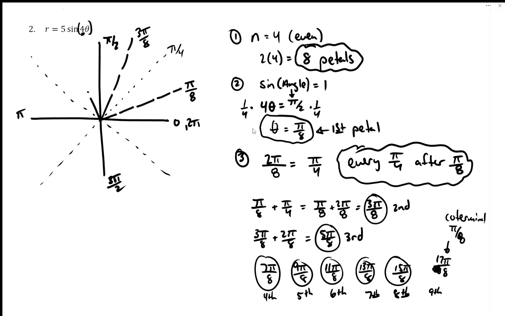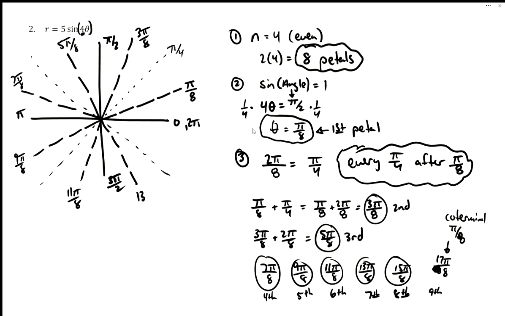Then 5 pi eighths is in between, and 7 pi eighths also in between. Then just keep it going: 9 pi eighths, 11 pi eighths, 13 pi eighths, and finally 15 pi eighths. There's the setup for all of it.